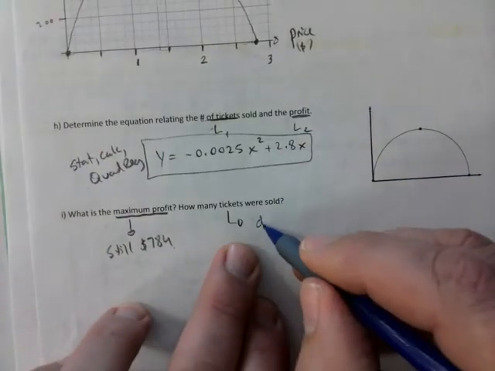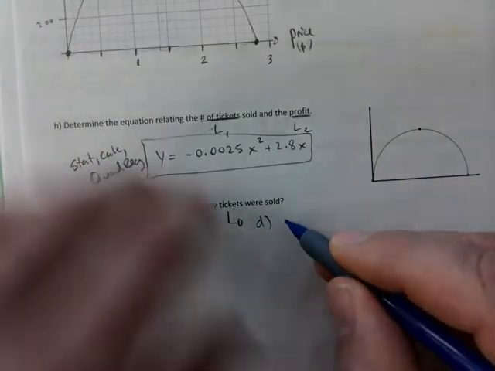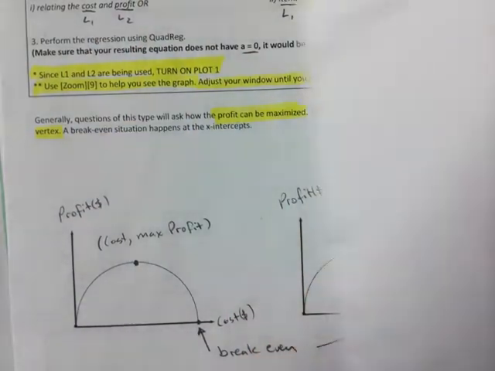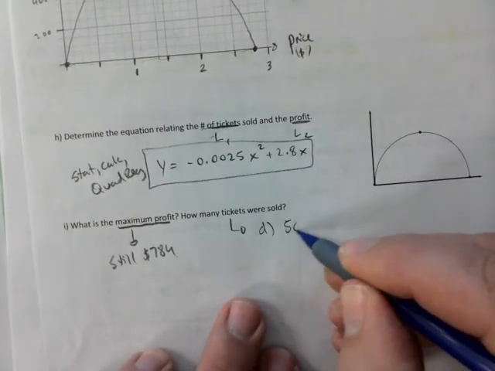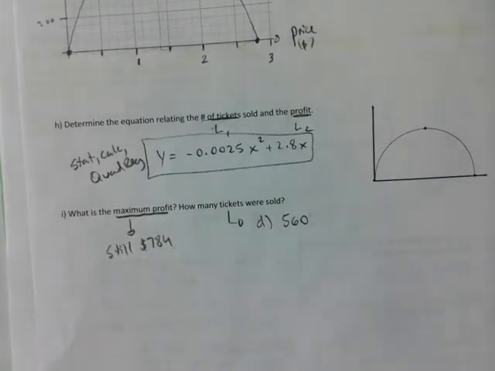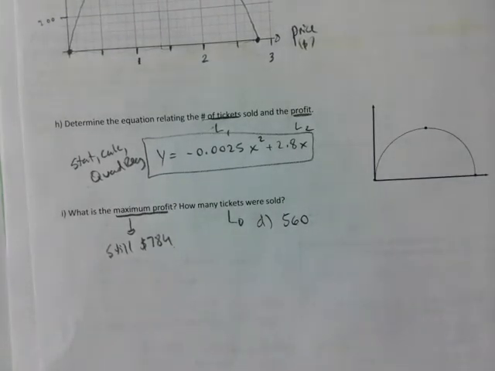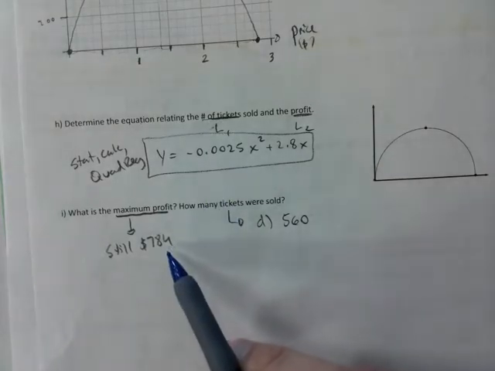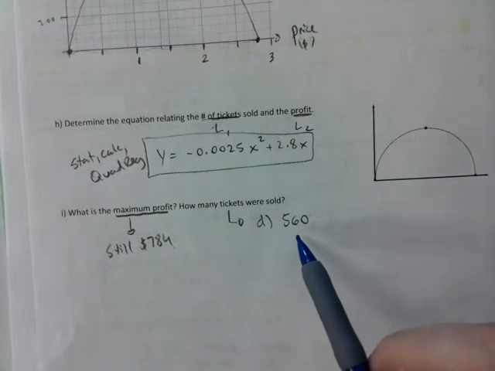D, right? In D, we found that it was 500 and, I just looked at it and I forgot already, 560. We figured it out already because we used that other equation. We knew the cost per ticket at 784, we divided them to get 560.